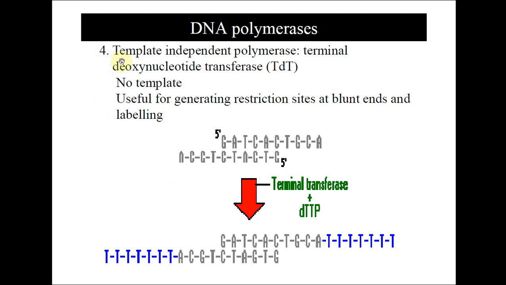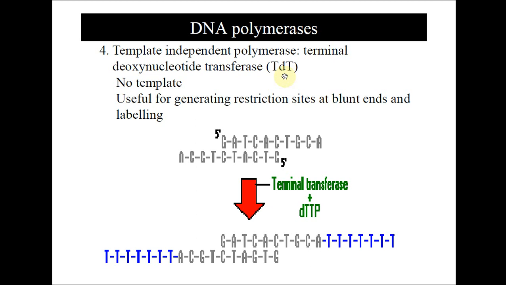Then the next type of DNA polymerase is TDT. This is used in most of the recombinant DNA experiments. Terminal deoxynucleotidyl transferase, TDT.